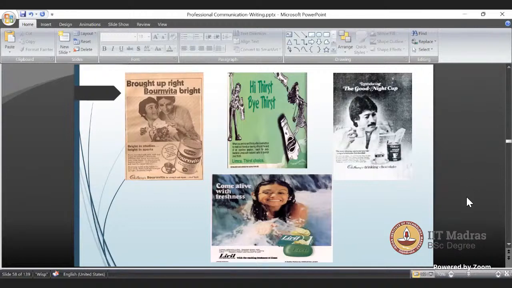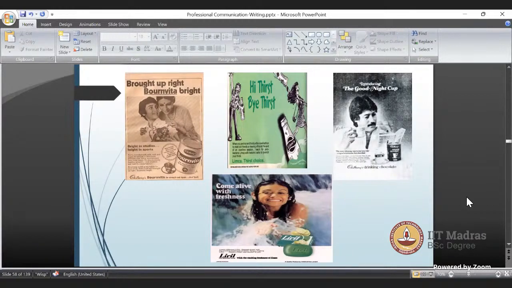Ma'am, here the word come is mimicking the subject. No, see, this is mimicking an imperative sentence. When I say come alive with freshness, I mean you come alive with freshness, right? The ad is trying to tell the customer the same thing, you come alive with freshness. So it is mimicking an imperative sentence in that sense.